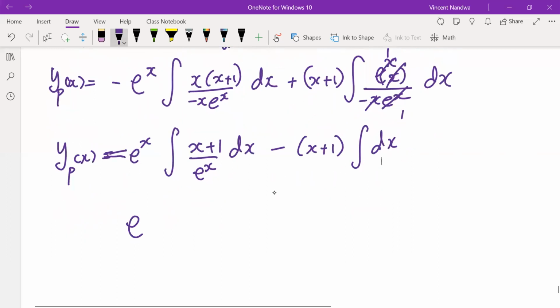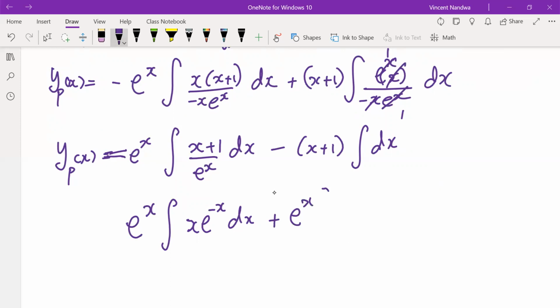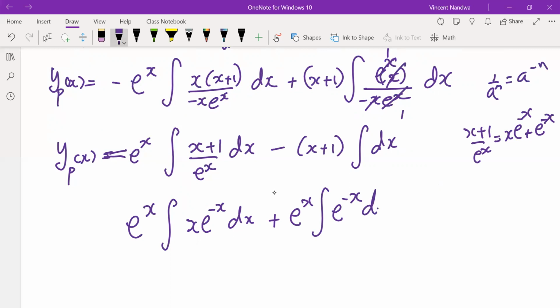Now here we have e raised power x integral of now x e raised power negative x dx plus e raised power x integral of e raised power minus x. I'm just splitting this x plus 1 over e raised power x into x e raised power minus x plus e raised power minus x using laws of indices. Remember 1 over a power n is a power minus n. dx minus x plus 1, integrating this one just gives us x.